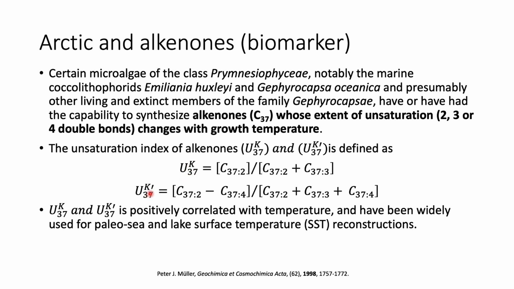And when we do UK prime 37, we added the 4 double bond unit also into the calculation. So here we do the C37 having 2 double bonds minus C37 having 4 double bonds. That is the concentration we are calculating, then divided by the total concentration of all the C37 compounds, whether they have 2, 3 or 4 double bonds. That is the UK prime 37 index.